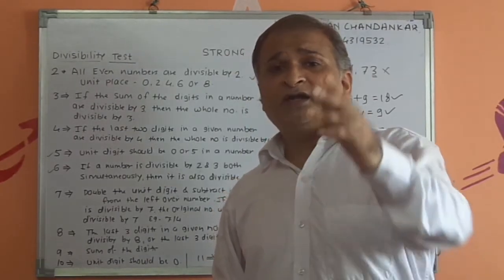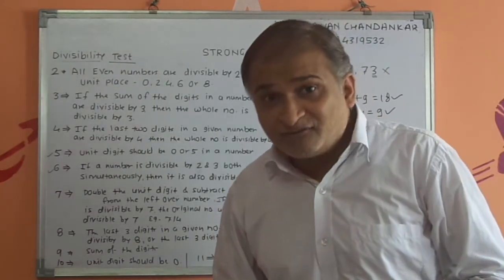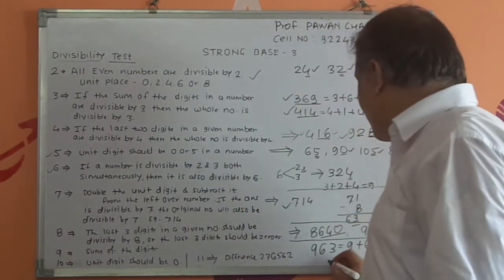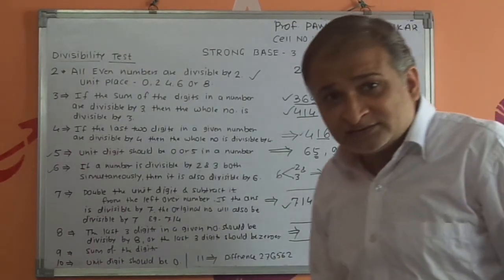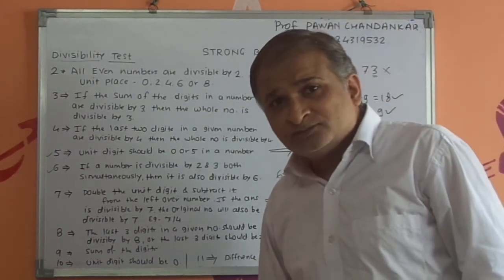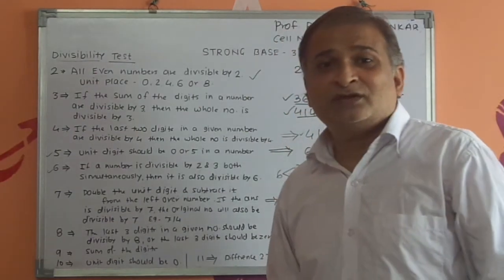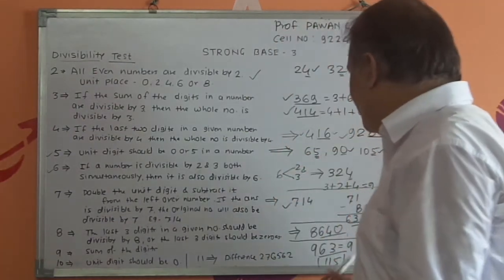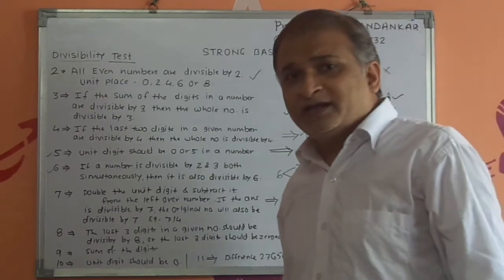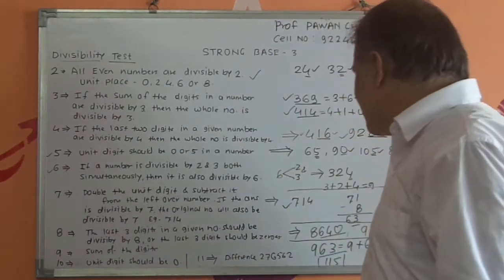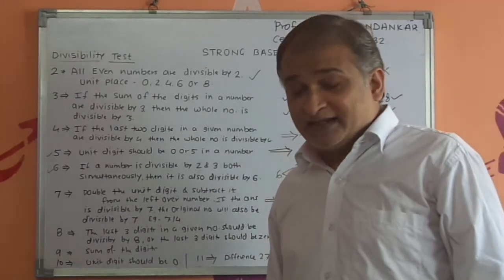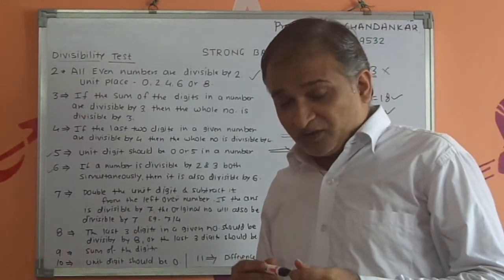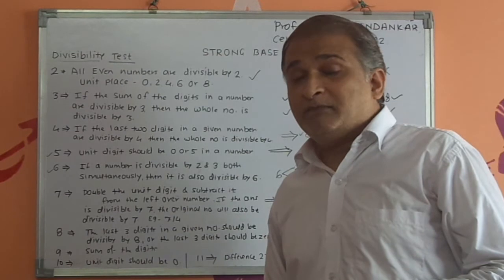Come on, tell me, kids, is the number 115 divisible by 10? Yes or no? No, this number 115 is not divisible by 10. Why? Because it has digit 5 at its unit place. That's why this number will not be divisible by 10.